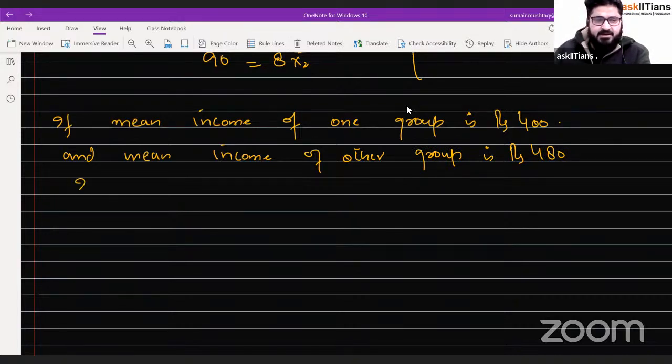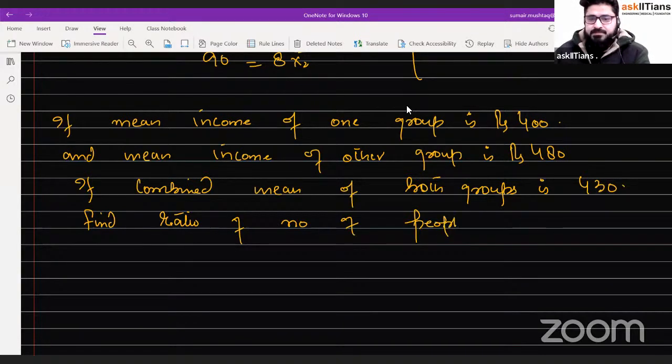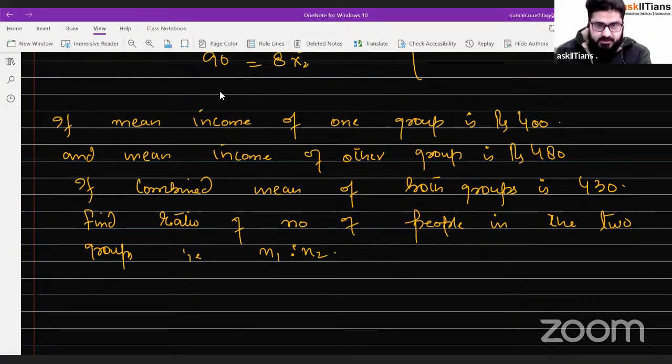If the combined mean of both groups is 430, find the ratio of the number of people in the two groups. That means you have to find n1 is to n2. Do it fast.